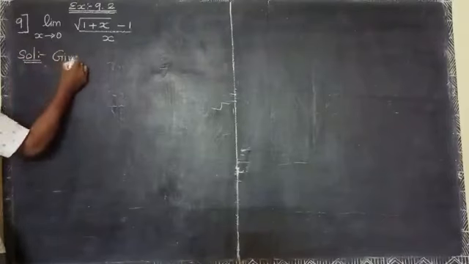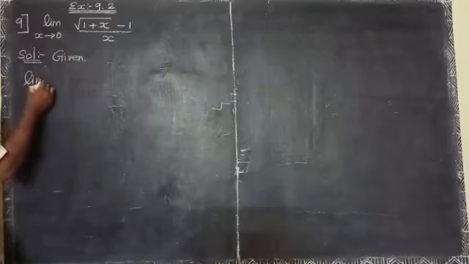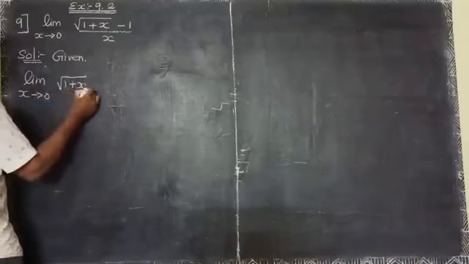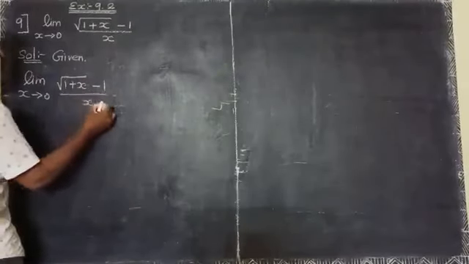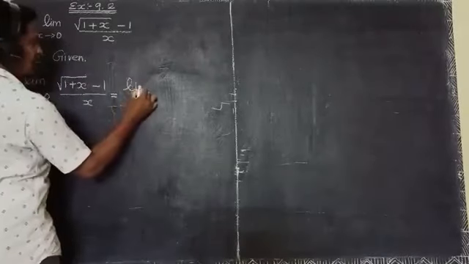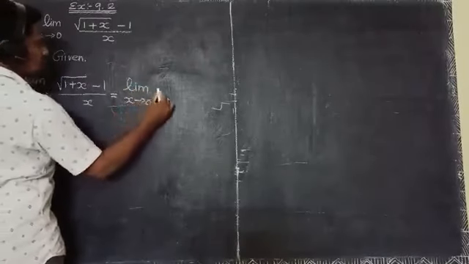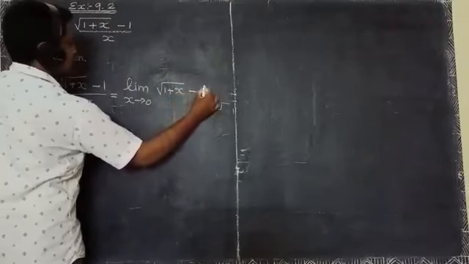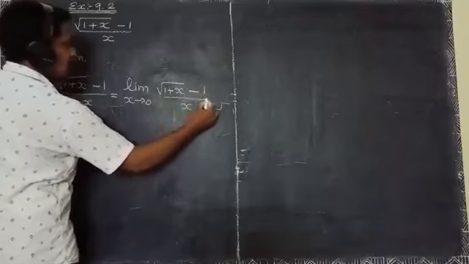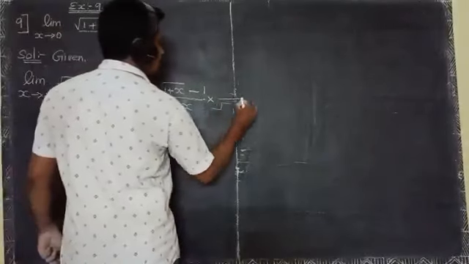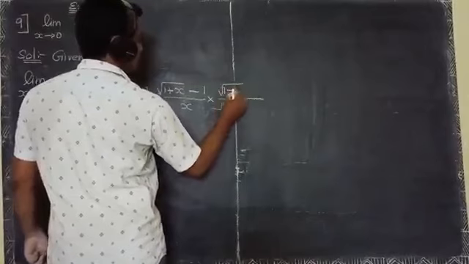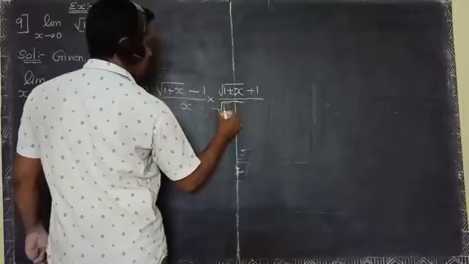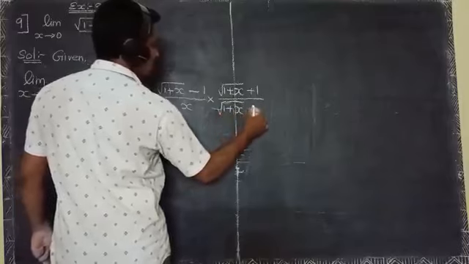Given: limit x approaches 0 of (square root of 1 + x minus 1) divided by x, which is equal to limit x approaches 0 of (square root of 1 + x minus 1) divided by x. Take the conjugate of the numerator, that is square root of 1 + x plus 1.